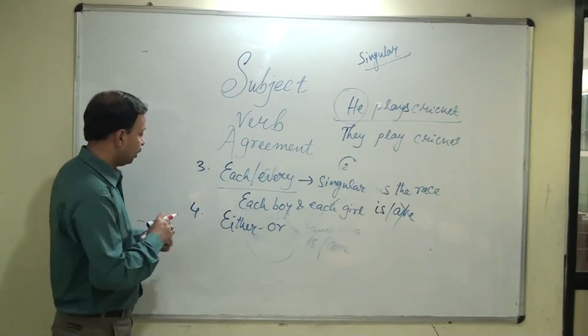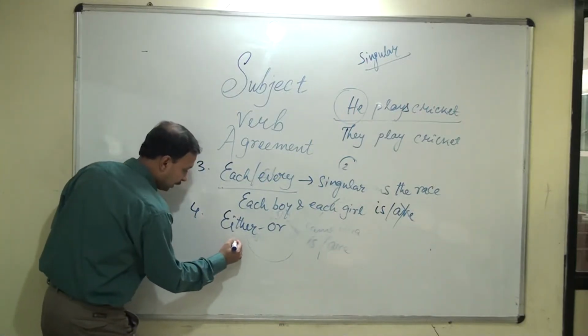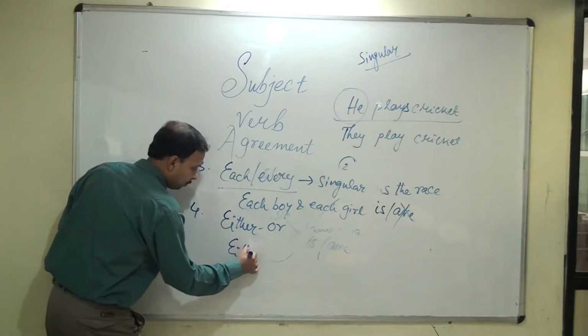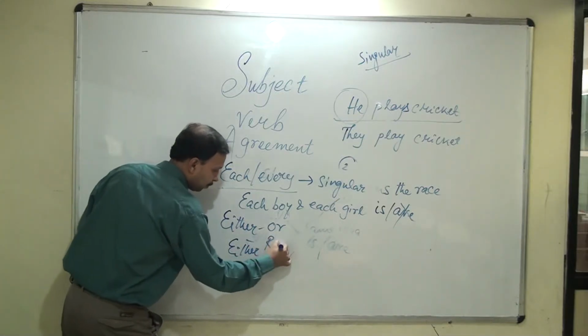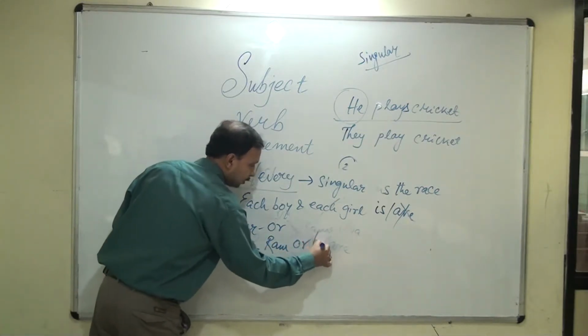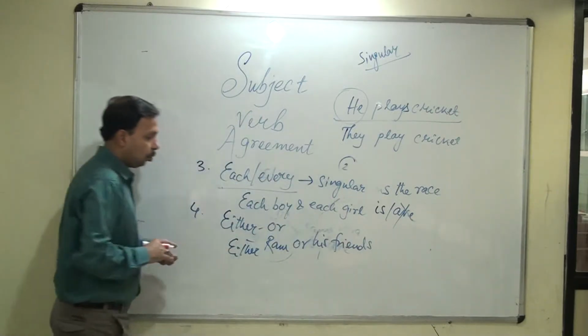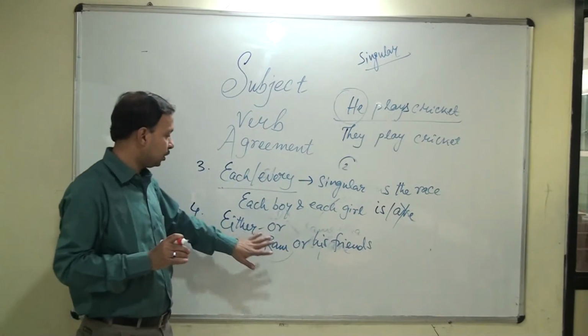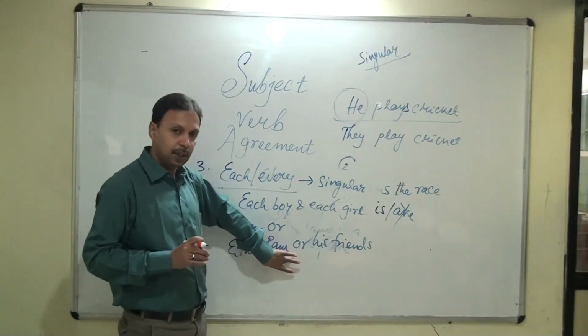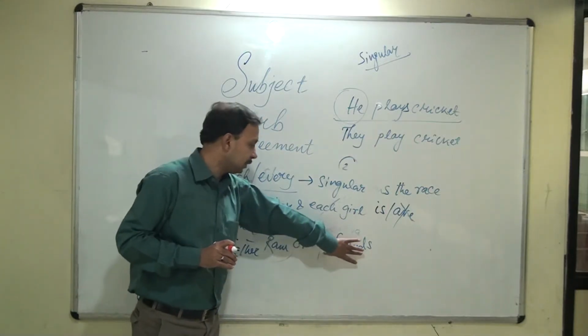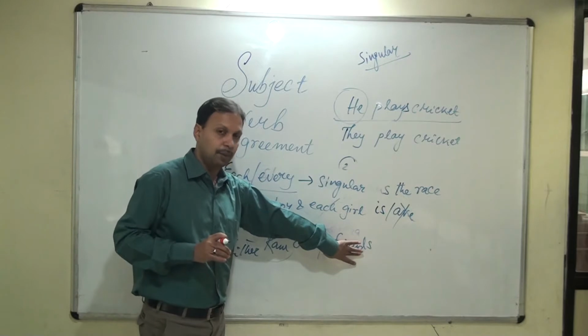If we write this example, just take an example, either Ram or his friends. Now here you can clearly see that two subjects are there. First subject is Ram, singular by nature, and the second subject is friends, plural by nature.